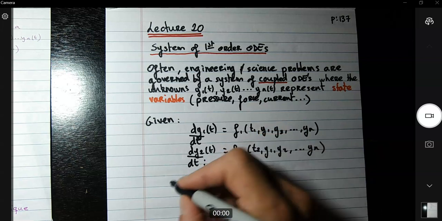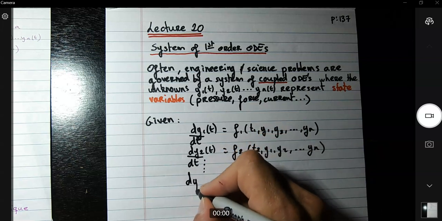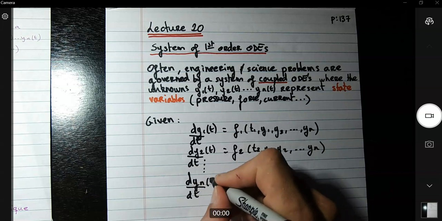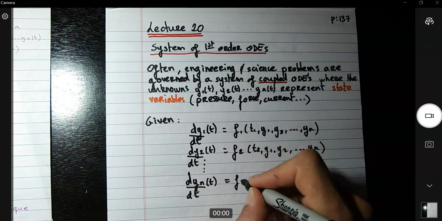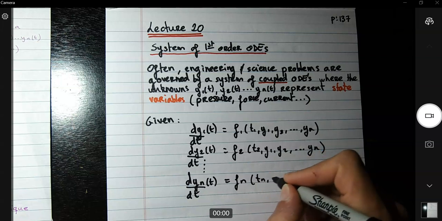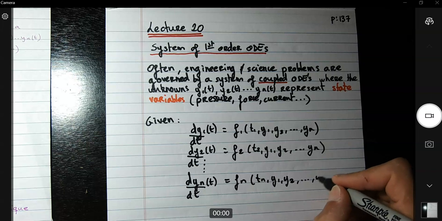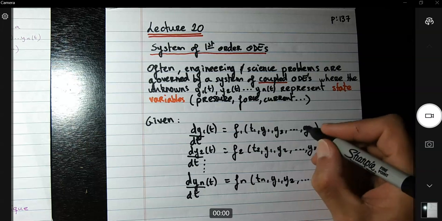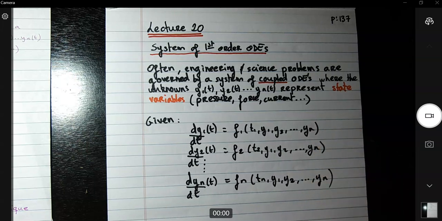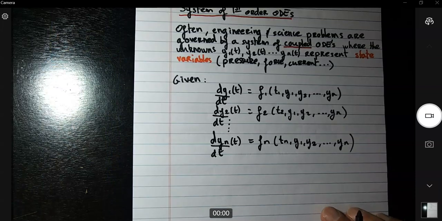If we have n first order differential equations, this would be the form of our system of ordinary differential equations.